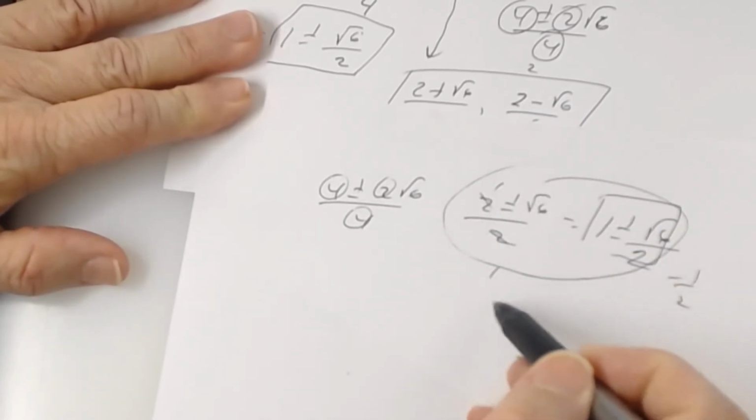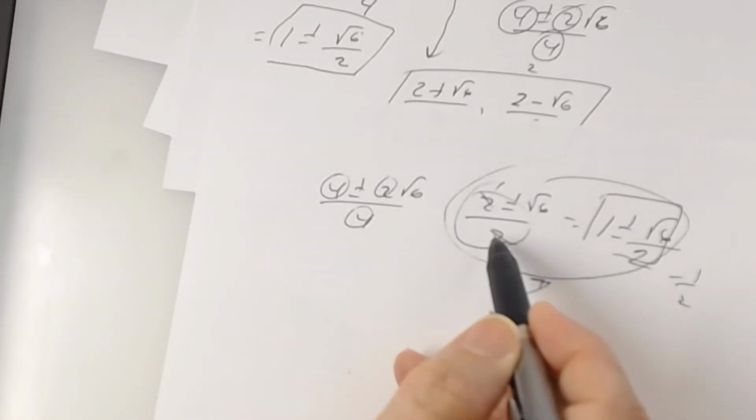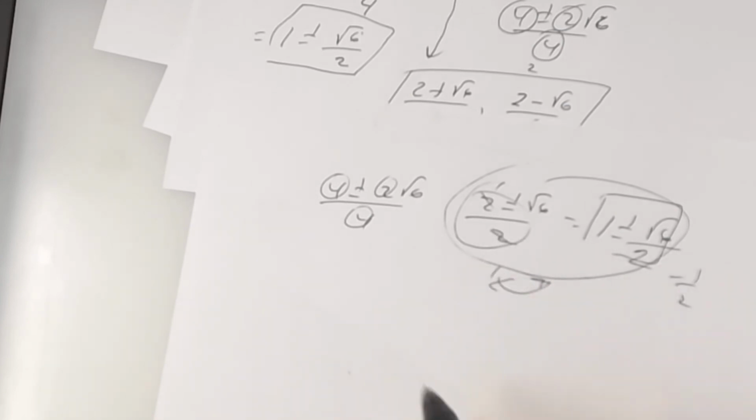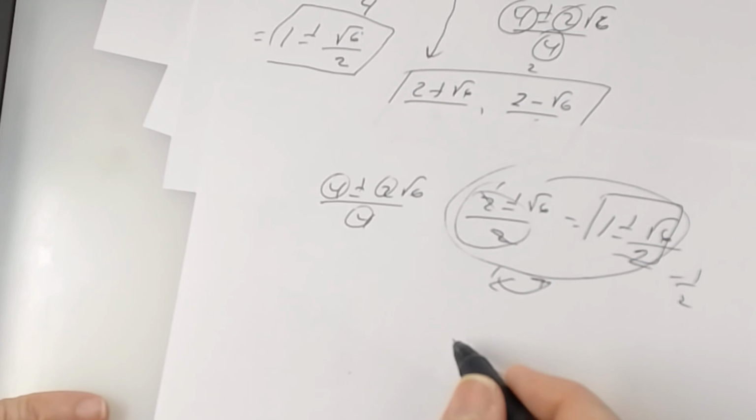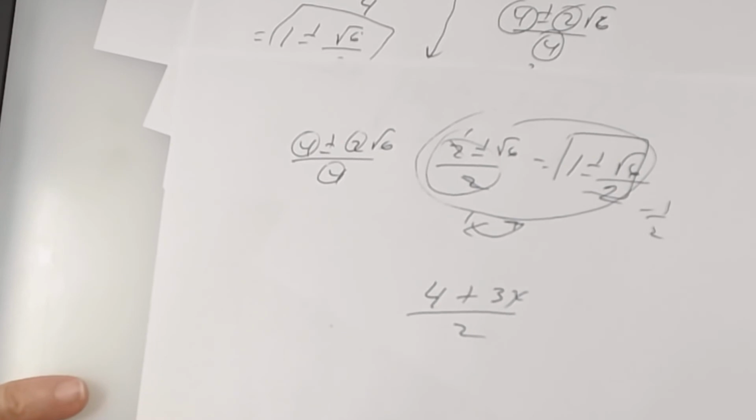So you need to be careful when you're going from something to the next thing that you write. Don't make a mistake. This is not true. That does become a mistake. It's kind of like when you had this in a previous course. Let's say you had 4 plus 3x divided by 2. Stop there. There's nothing else you can do. Now, if you want to go further, you can.